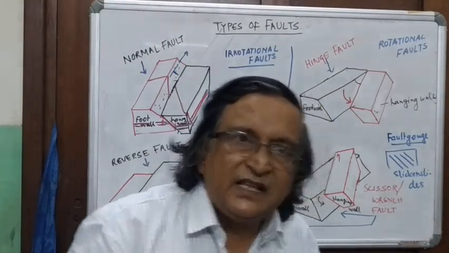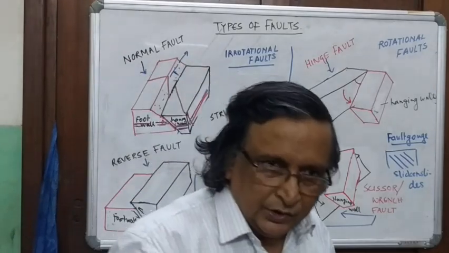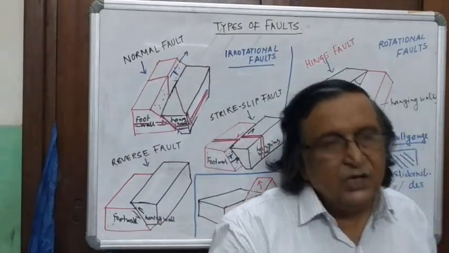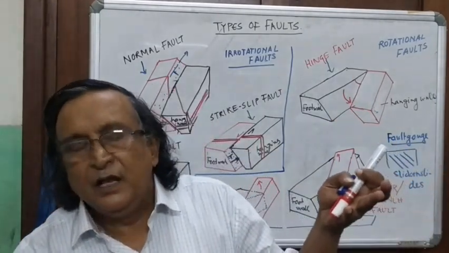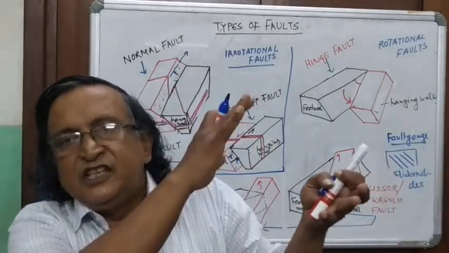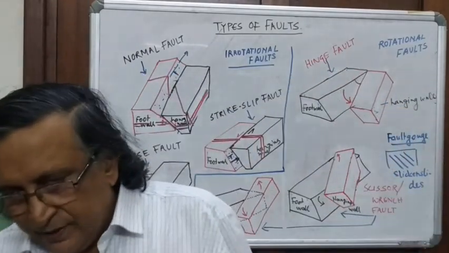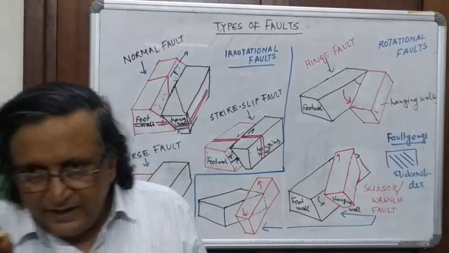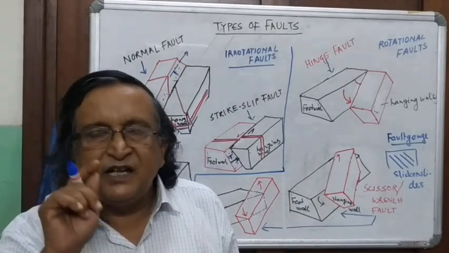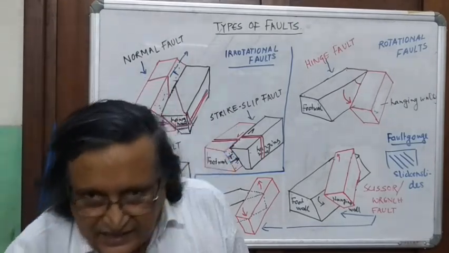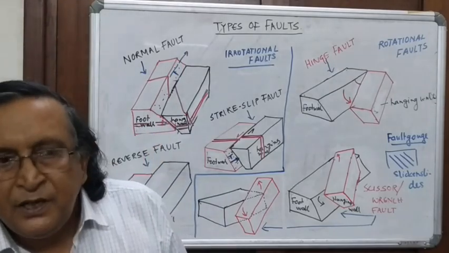Similarly, you can get a dip slip fault. Dip slip fault means the net slip on the fault plane is parallel to the dip direction of the fault. So in a strike slip fault, the movement along the fault plane is parallel to the strike, but a dip slip fault is where the net slip is along the dip direction.